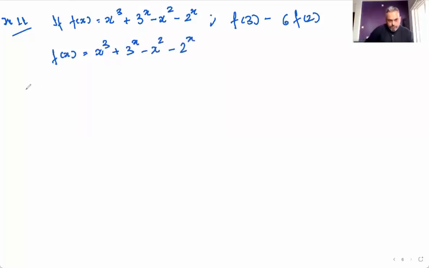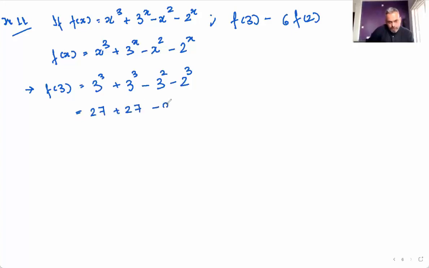So first we find f of 3, which is equal to 3 cubed plus 3 raised to 3 minus 3 squared minus 2 raised to 3, which is equal to 27 plus 27 minus 9 minus 8, which is equal to 37. So f of 3 is equal to 37.